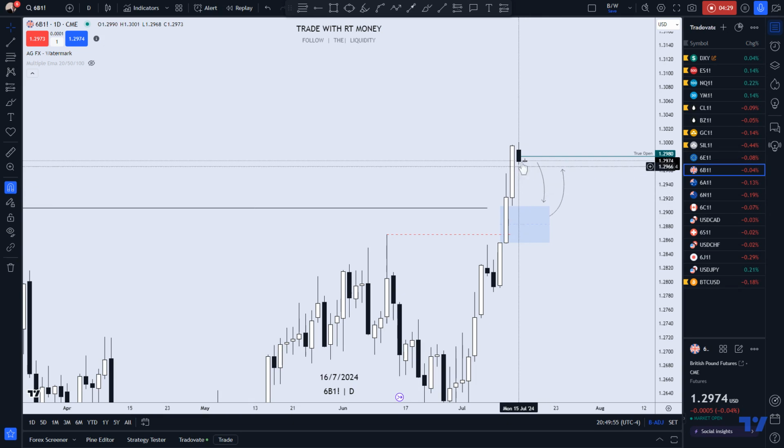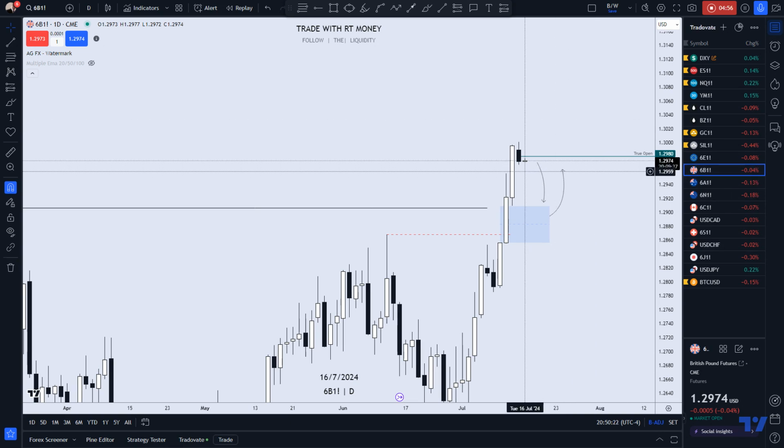Price has to mitigate these fair value gaps. It has to offer fair value. So it rebalances that which is imbalanced. This is an imbalance. Price comes back down to rebalance that which is imbalanced, and then we can go higher. So we have supporting structure for higher prices in the pound.